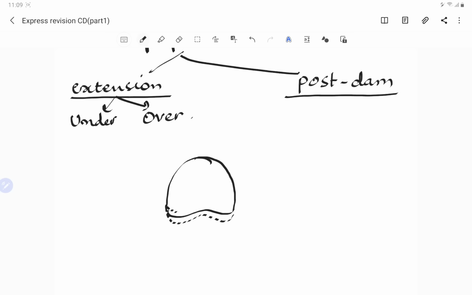Underextension means I have marked behind the PPS. Post damming means we are talking about thickness over here. Suppose this is the tissue surface of the denture, and this is the polished surface of the denture. So this is the PPS, right?